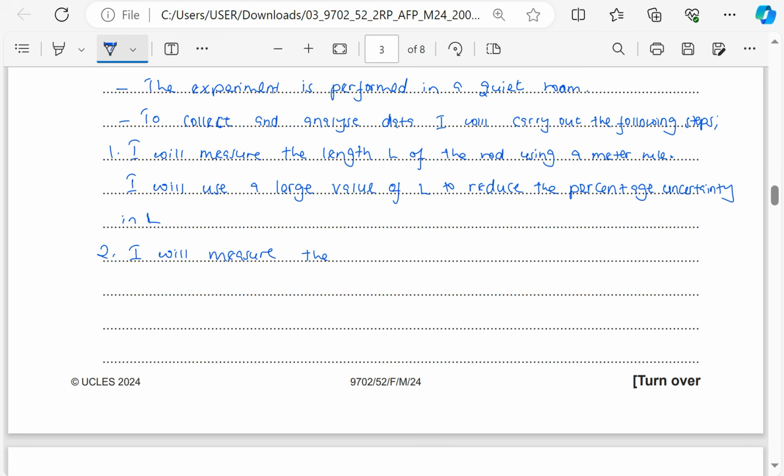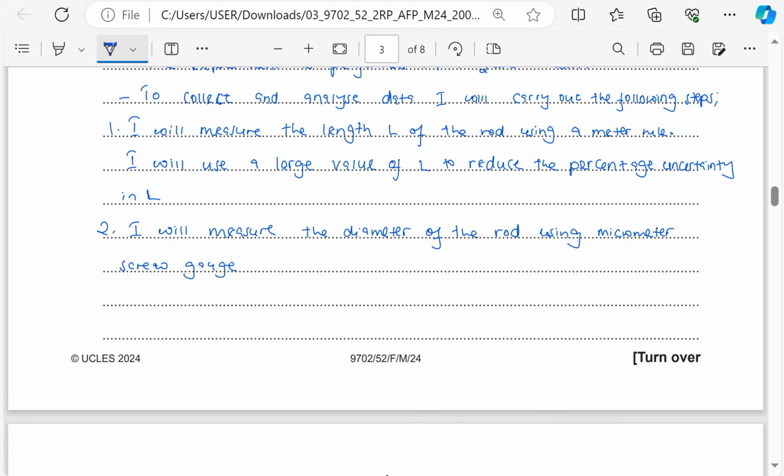I will measure the diameter of the rod using, if I want a very precise value, a micrometer screw gauge. Because the diameter may not be uniform, I may take measurements at different points along the length of the rod so that I obtain the average diameter.